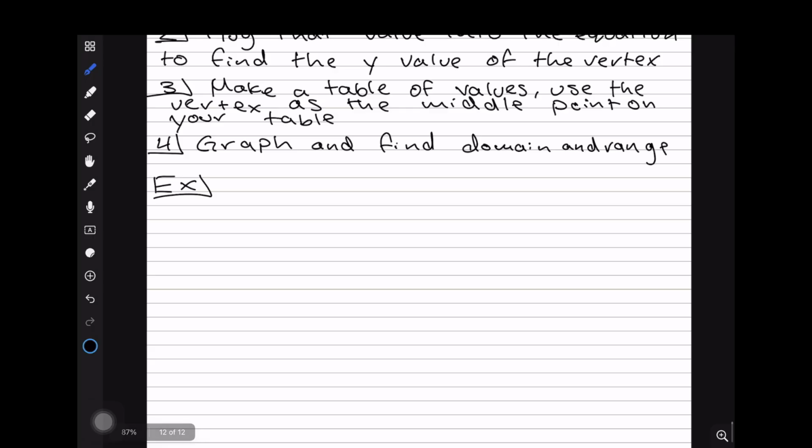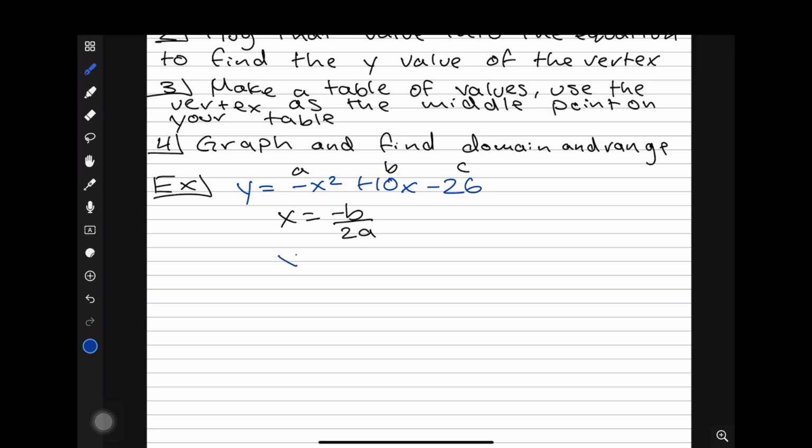Let's do an example. We're going to try the function y equals negative x squared plus 10x minus 26. So step 1, use the formula x equals negative b over 2a. In this equation, a is negative 1, b is 10, and c is negative 26.